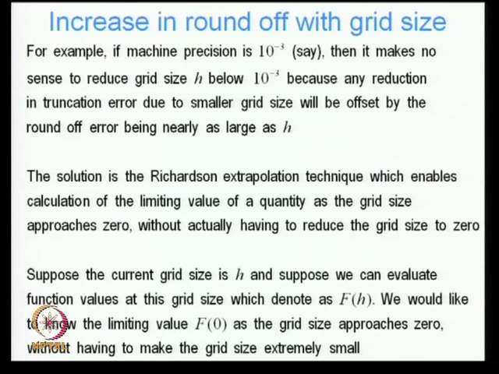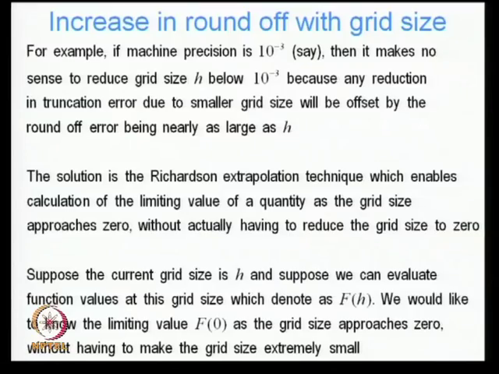Well, basically we want to get an estimate of the function value at xi when the grid size actually becomes 0. I know that when the grid size actually becomes 0, my truncation error is going to go to 0 as well.